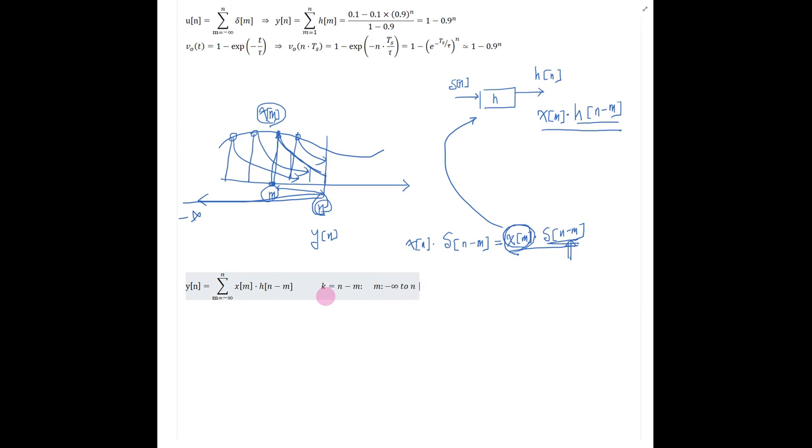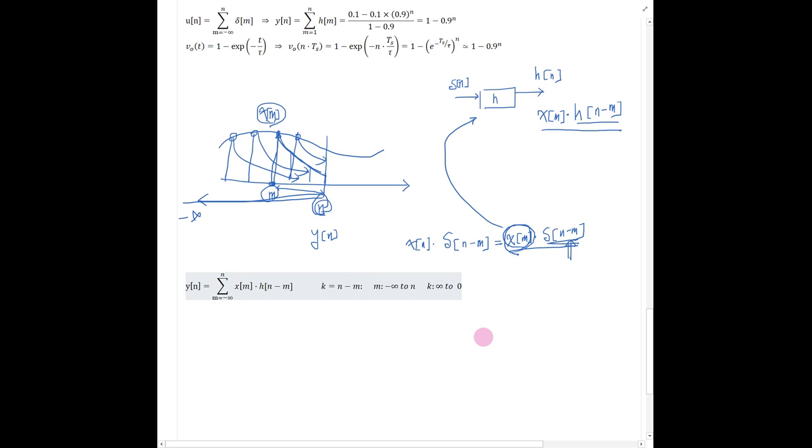Then k changes from infinity, if you replace minus infinity, and if m takes n, k goes to 0.